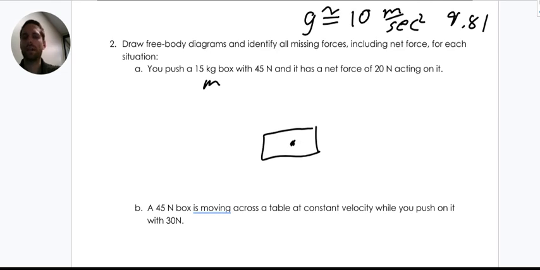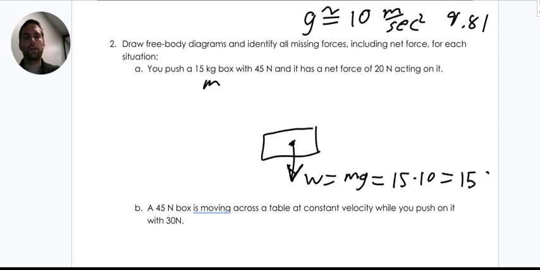I know to find the weight going down, I have to multiply mass times the acceleration due to gravity. And that's going to be 15 times 10 here. I'll get 150 newtons. And I'm going to choose this to be negative going down.